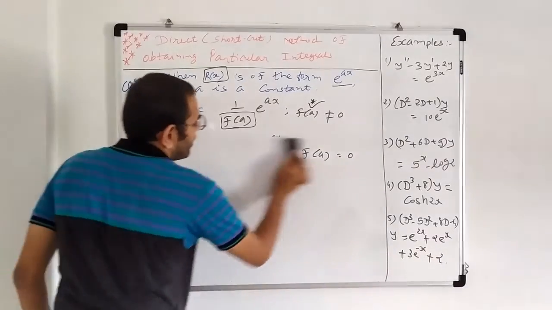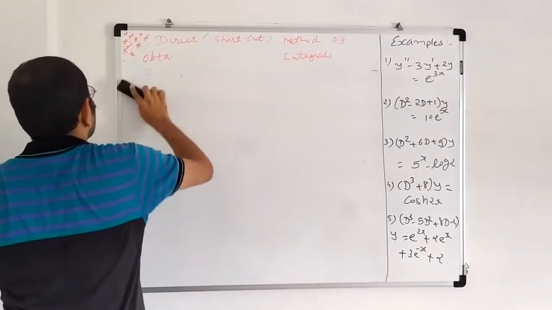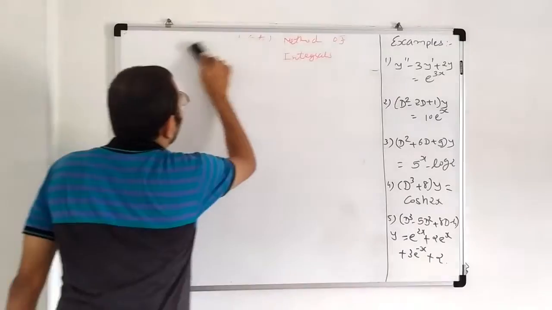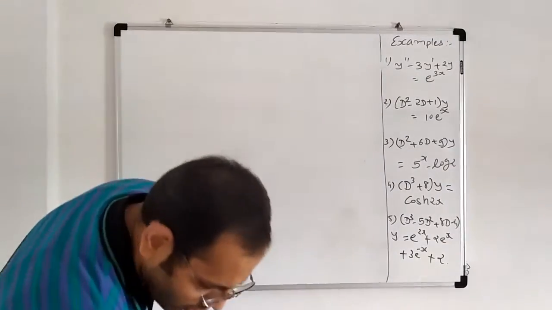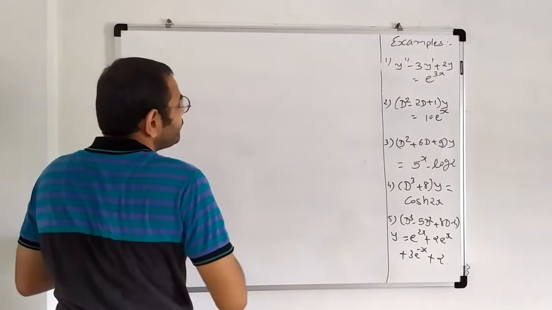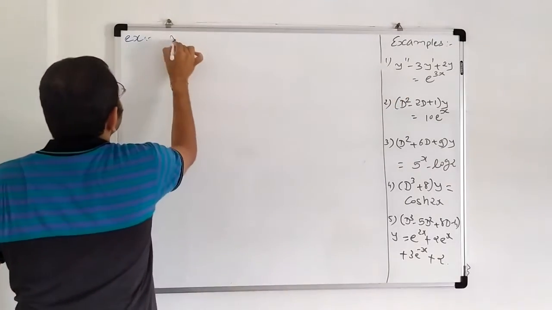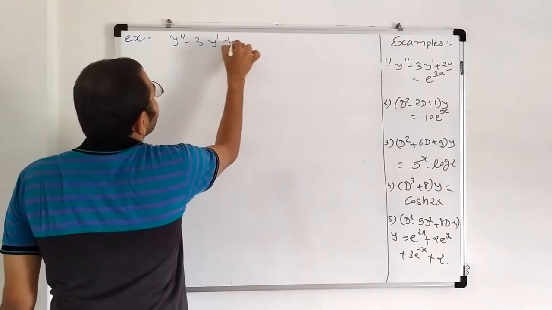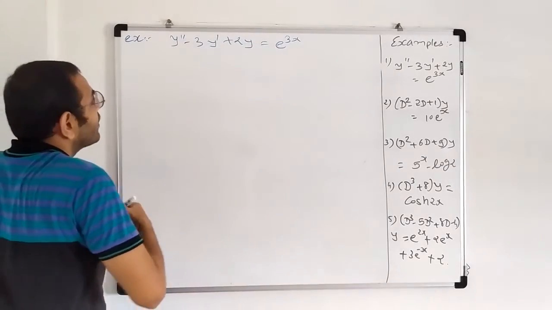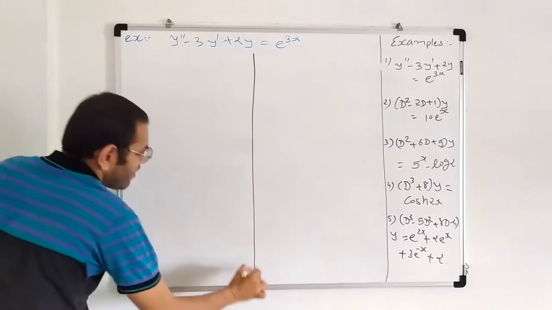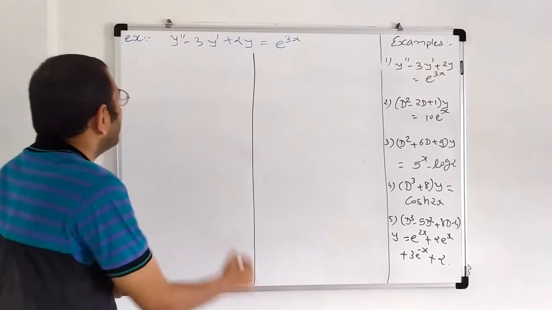Let us start with one simple example. Example number 1: y double dash minus 3y dash plus 2y equal to e raised to 3x. In each and every example, first we find YC, the complementary function.